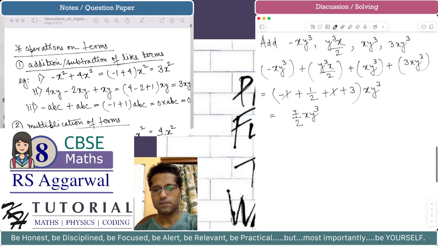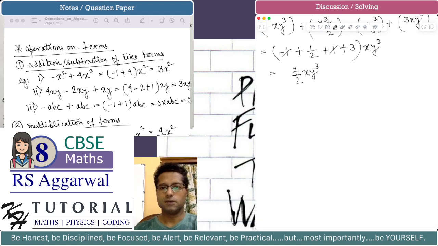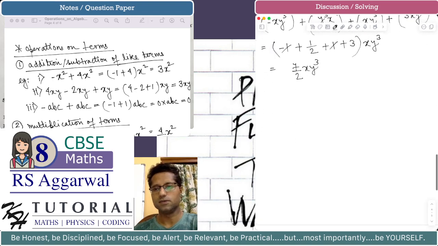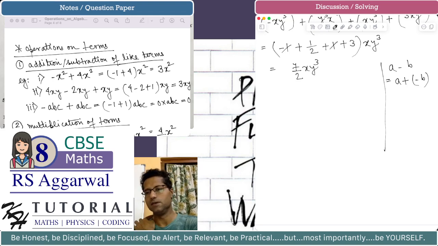Now how do we subtract like terms? The concept is that whenever we subtract b from a, where a and b are some numbers, or they could even be variables, we add to a the additive inverse of b, which is minus b, the negative of b.